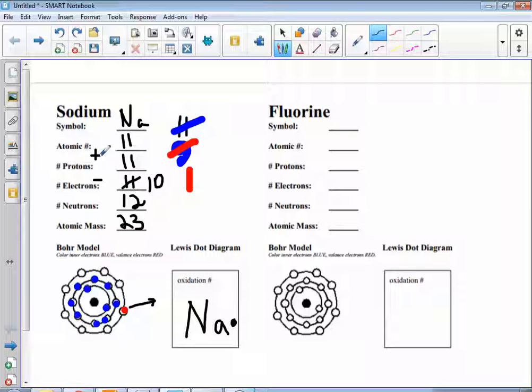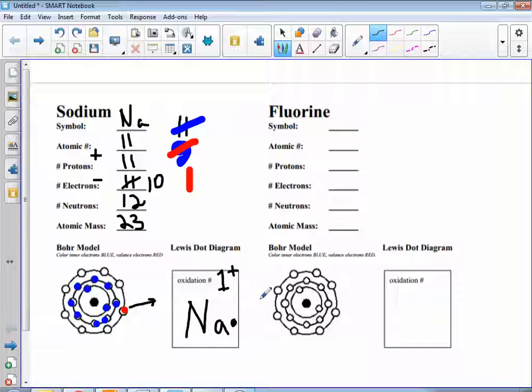So because it's more positively charged, first of all, we write 1, because the 1 electron is what's leaving sodium. And because it left and left me more positive than negative, we write a plus.